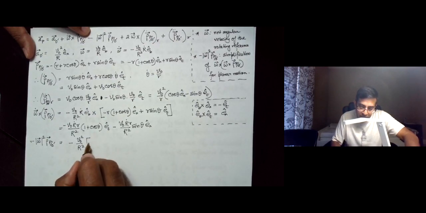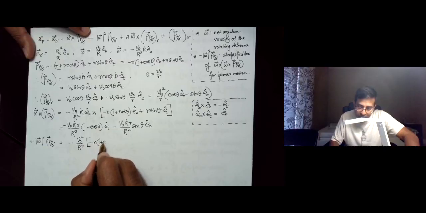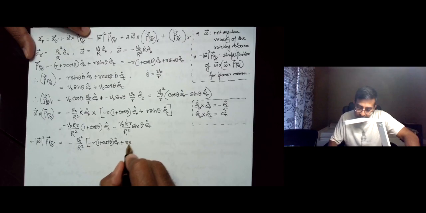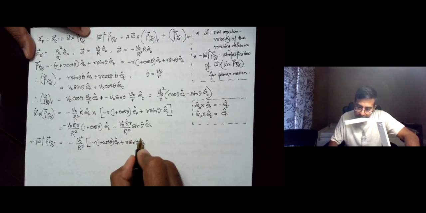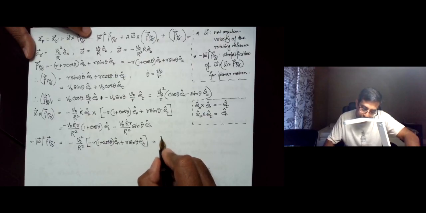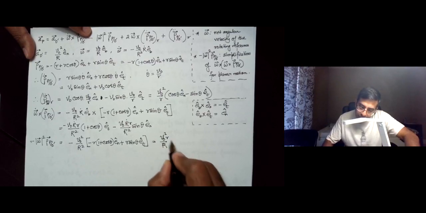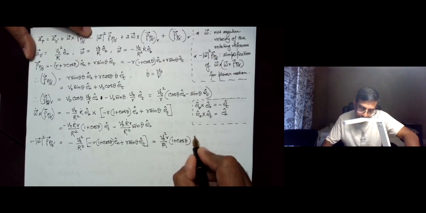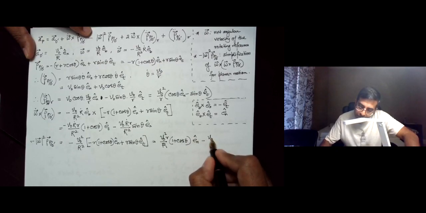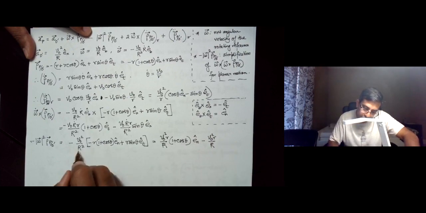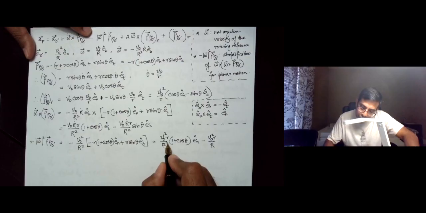So times minus R 1 plus cos theta En plus R sine theta Et, which is V naught squared small r over capital R 1 plus cosine theta En minus V naught squared small r over capital R. Oh, I forgot to put the square here.